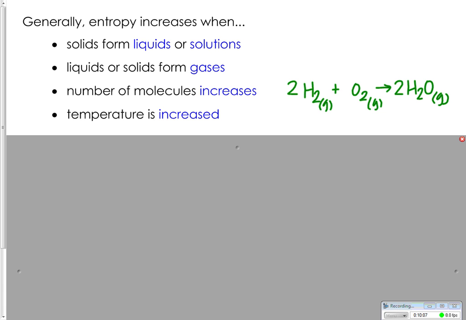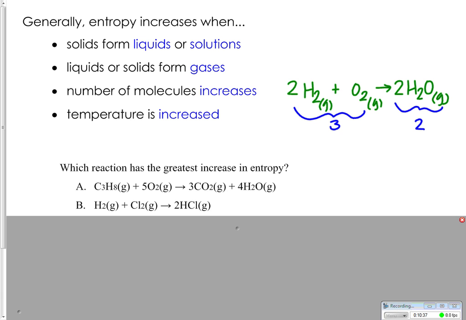Now, the number of molecules on my reactant side is 3, and the number of total molecules on my product side is 2. So 3 molecules moving around in space is more disordered than 2 are. So in this case, the entropy would decrease. If this were reversed, the entropy would increase. And then temperature. If temperature goes up, particles are going to move faster and more disorderly, and therefore the entropy would increase.